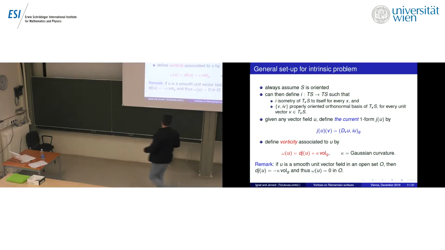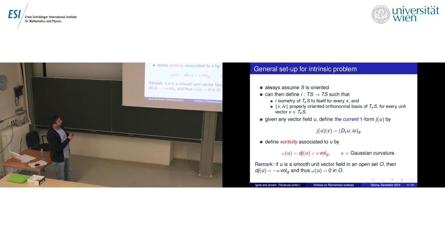Now within that dictionary, maybe you will understand a bit. First of all, you see that we are in the complex setting, so in some sense we need a rotation.